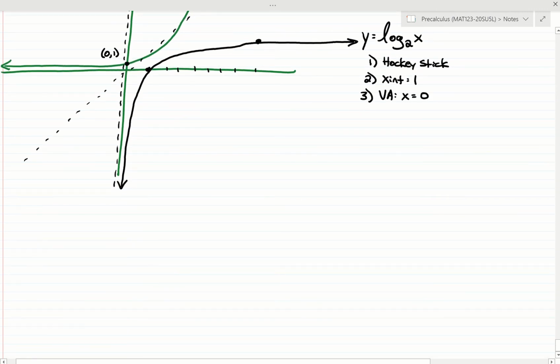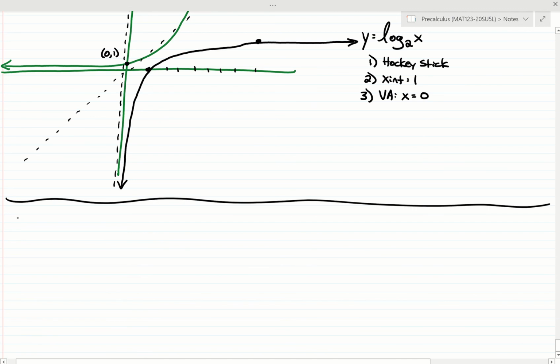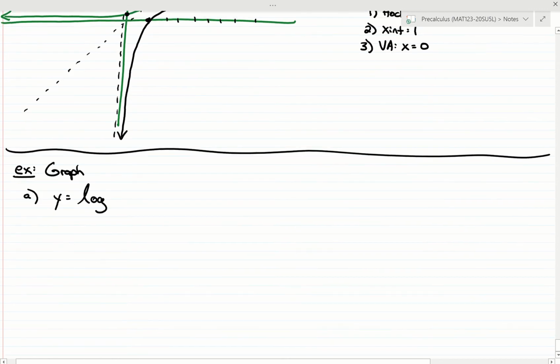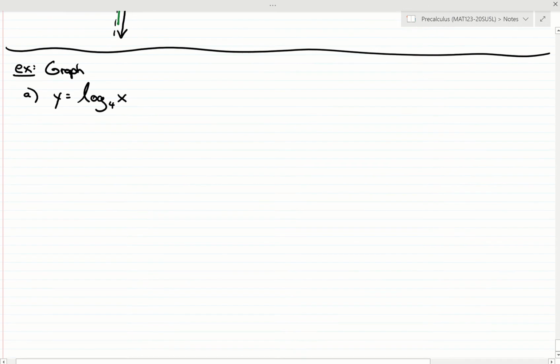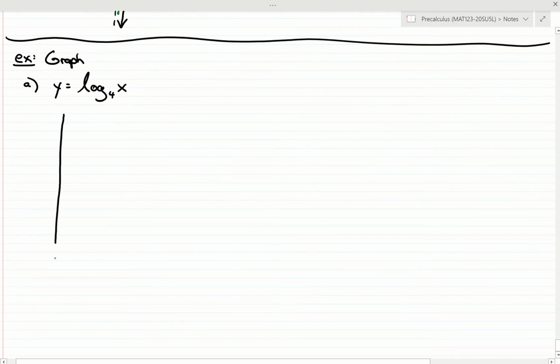So let's try graphing these. So let's graph y is equal to the log of, make up any number, let's say 4x. So it's a pretty easy graph. Just review what we did before.